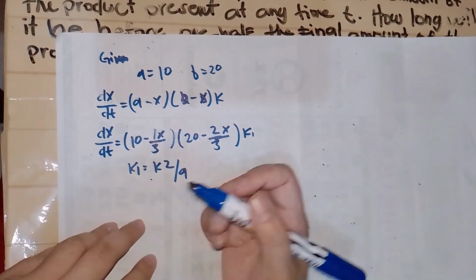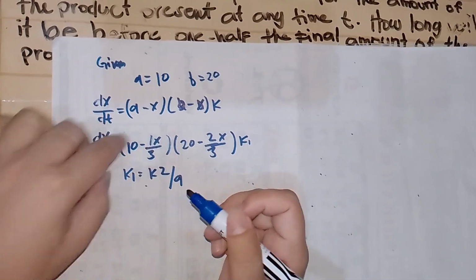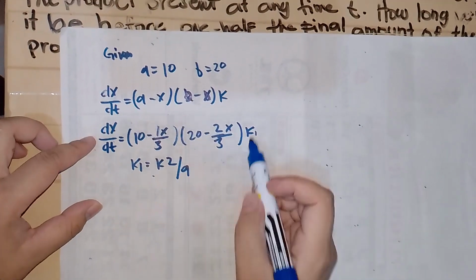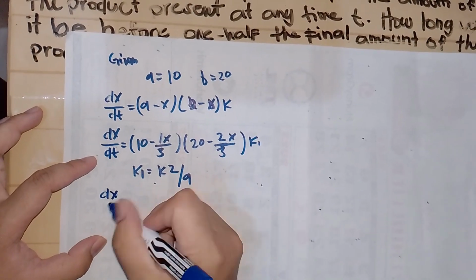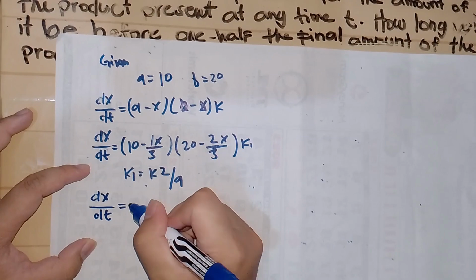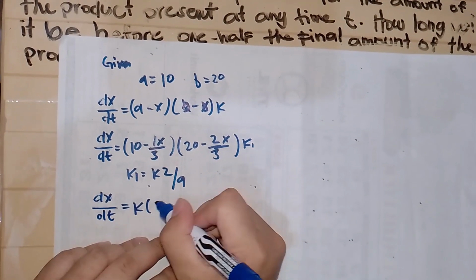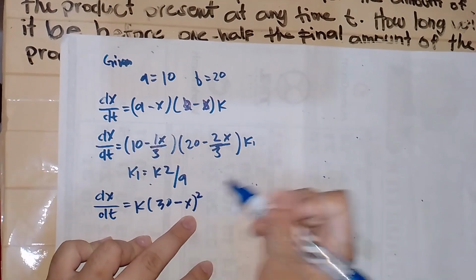So with a little bit of manipulation, we can conclude that the answer for this dx over dt is equal to k of 30 minus x squared.